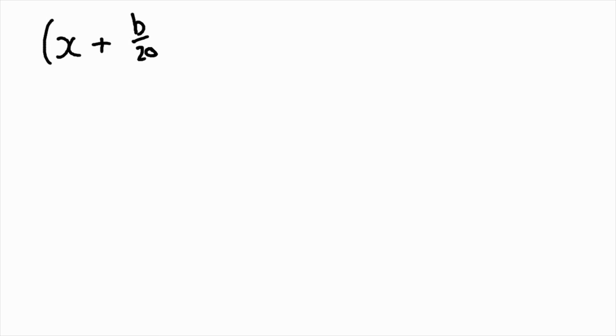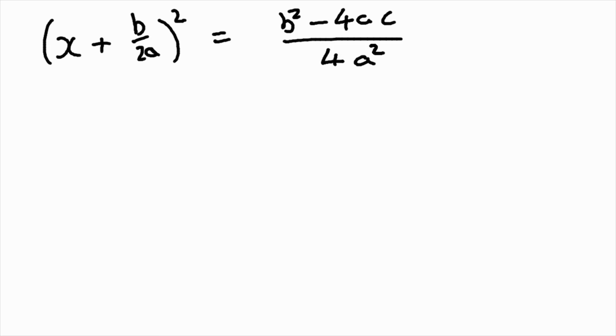So if we simplify what we have on the right-hand side, this is going to give us b squared minus 4ac all over 4a squared. Now we've got a single term on the right-hand side and a single term on the left, we're going to square root.